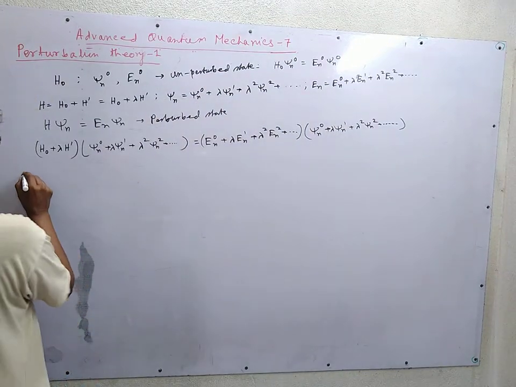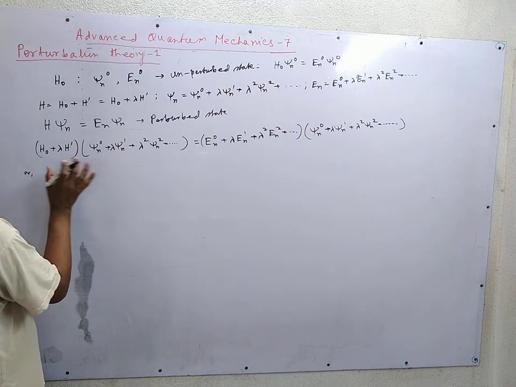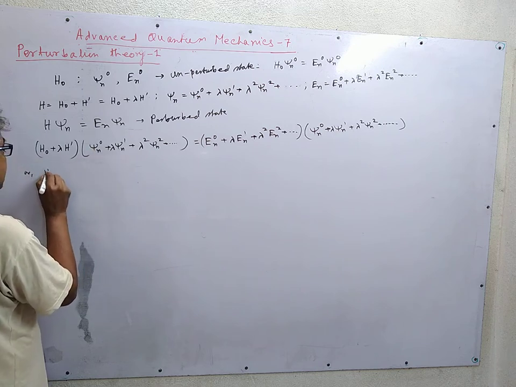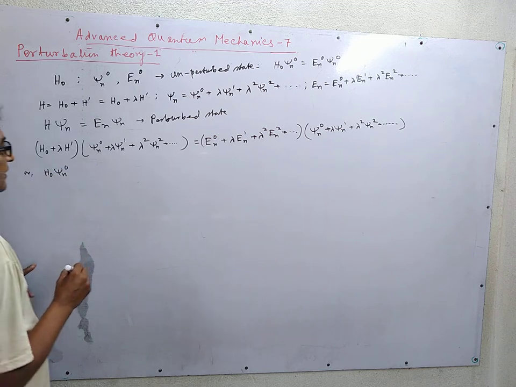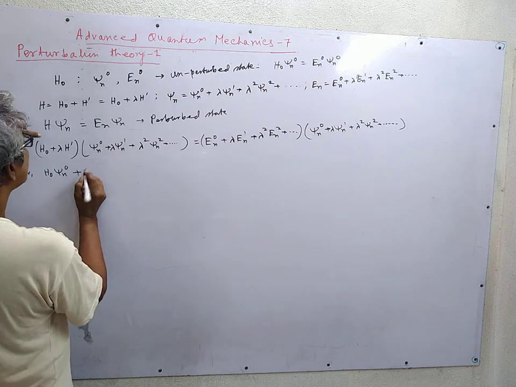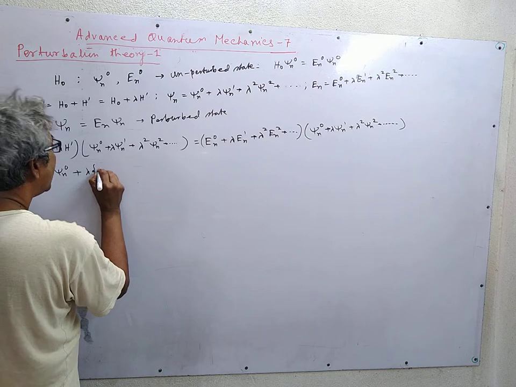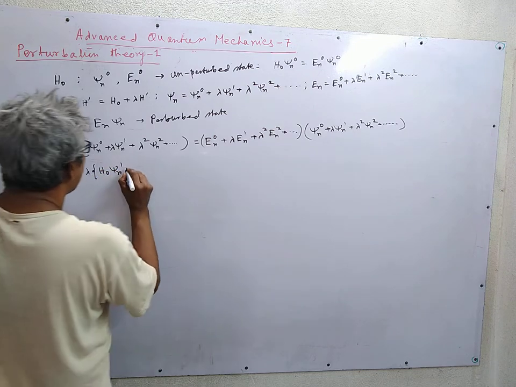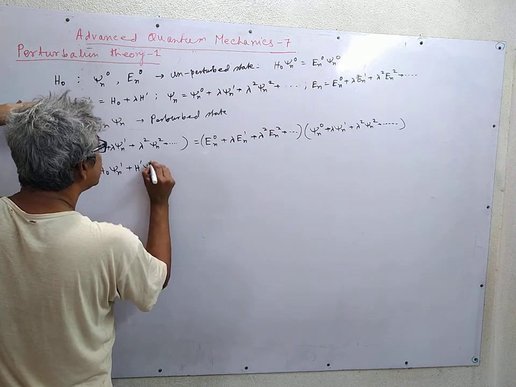Now we first consider the term independent of lambda. This is obtained from H0 psi n0, and then we come to the term containing lambda. This is obtained when H0 operates on psi n1, and H prime operates on psi n0.